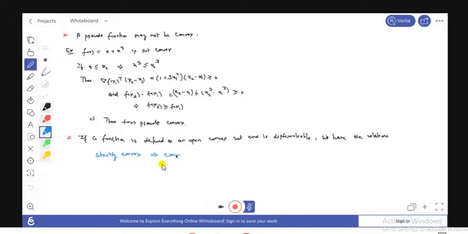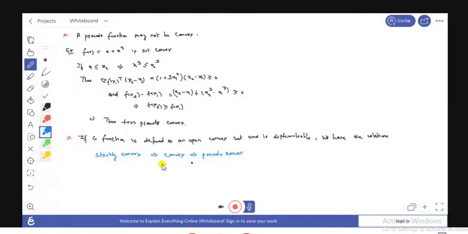There are examples where some functions are convex but not strictly convex. Every strictly convex function is convex, and every convex function also has the property that it is pseudo convex.